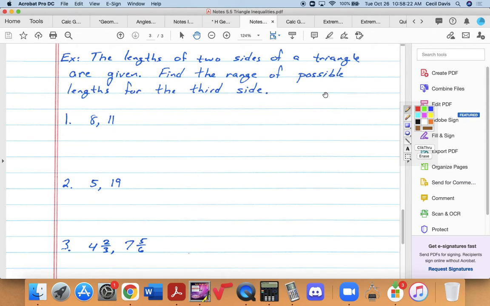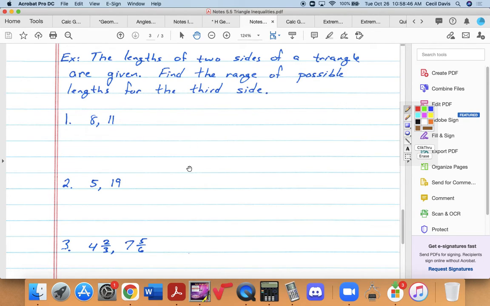There's got to be 3 sides, right? So it's got to be, can it be 3? No. Well, what about 3.1? Right. It just needs to be bigger than 3, right? Is there any limit to how big it can be? Really?